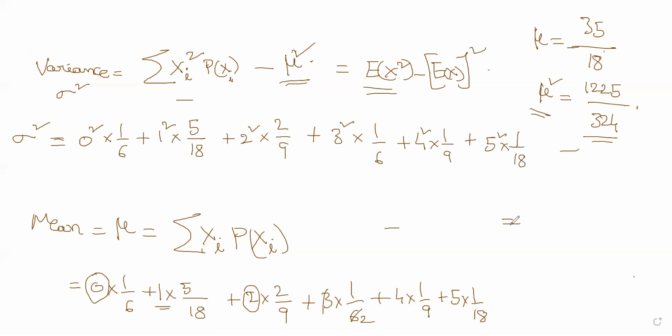This is what you had to do. And then you had to subtract this value, 1225 by 324, that is mu square. Clear? Okay, let's solve this one.